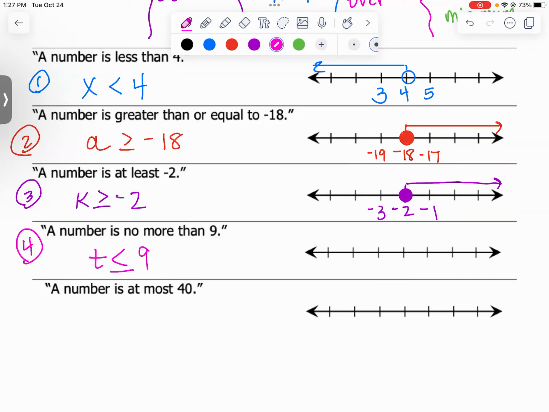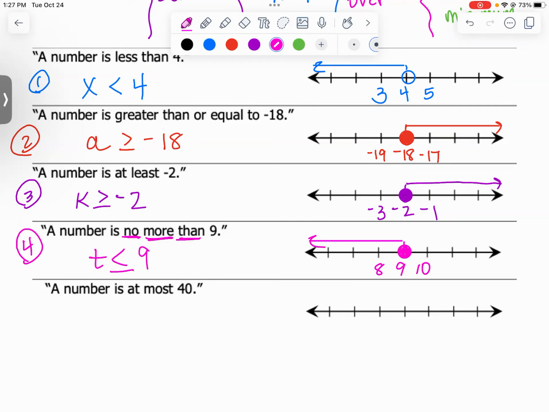So this word right here, buddy, no more than. It cannot be more, which means it needs to be smaller. But it can equal 9, so we're going to put that equality there. So we're going to put a closed circle at 9. And this time we're going to go to the left, since we need to be smaller.